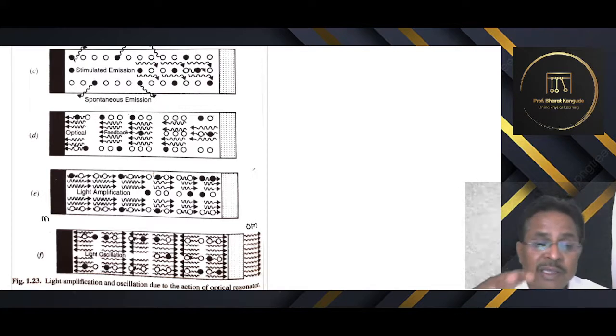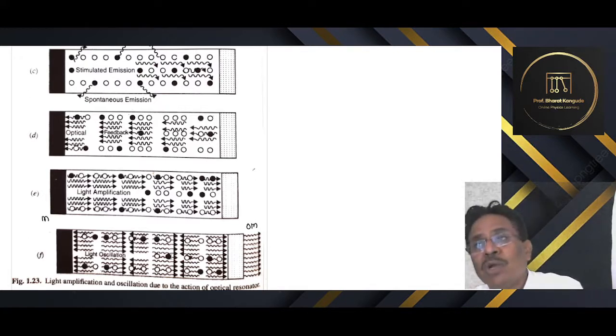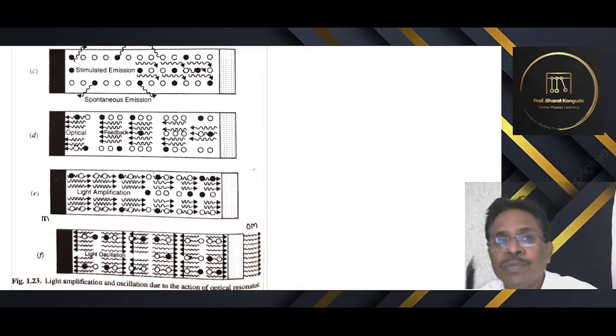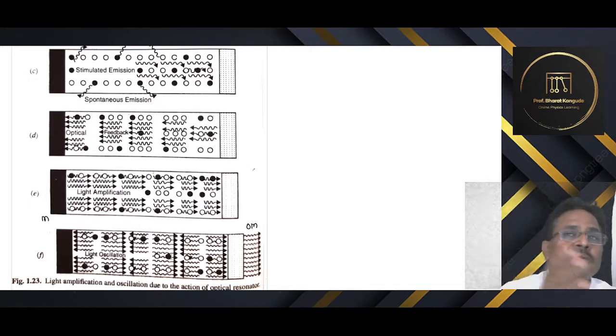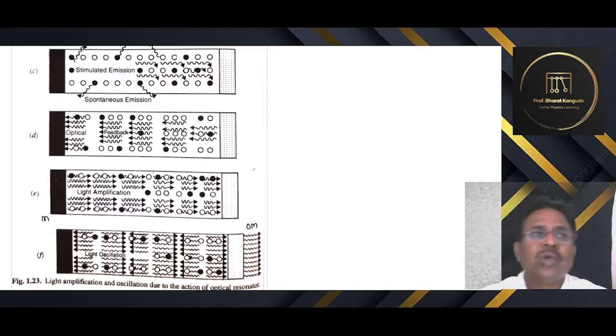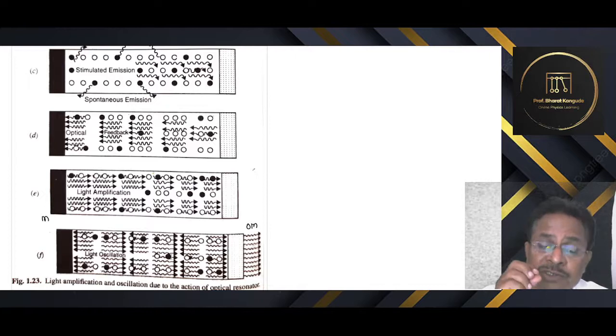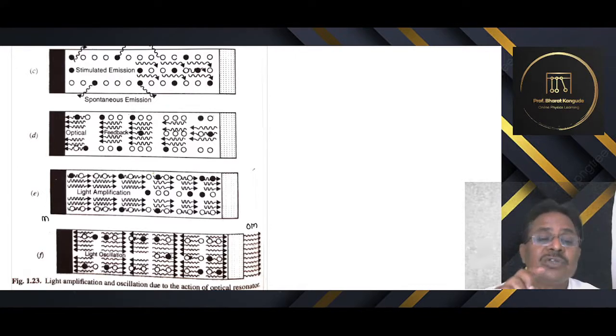Oscillations mean the entire energy goes to the mirror M1, then it goes to mirror M2, and in the next cycle it goes from M2 to M1, again M1 to M2, and M2 to M1. This is called optical oscillation, wherein these photons cause more and more stimulated emissions, and every time the intensity of the laser radiation goes on increasing.